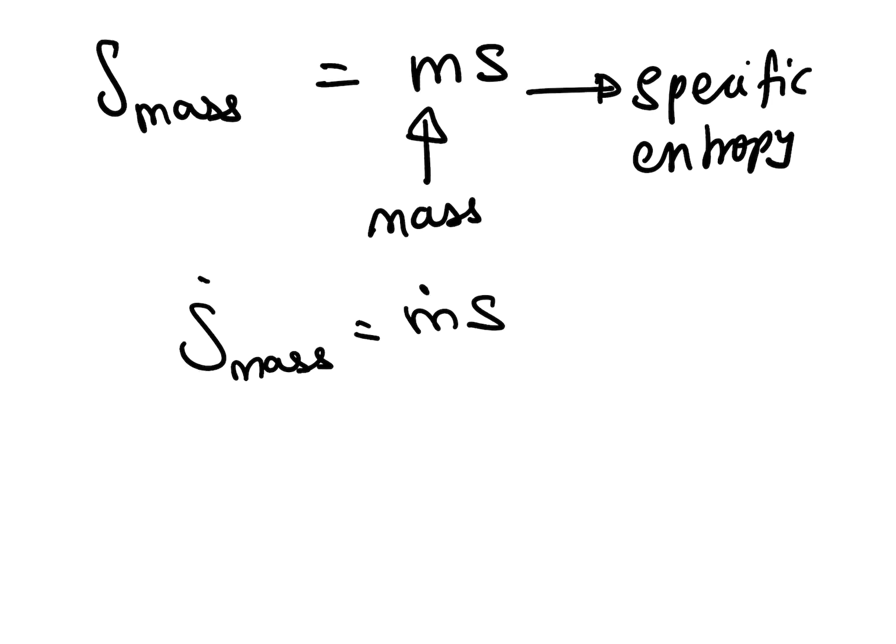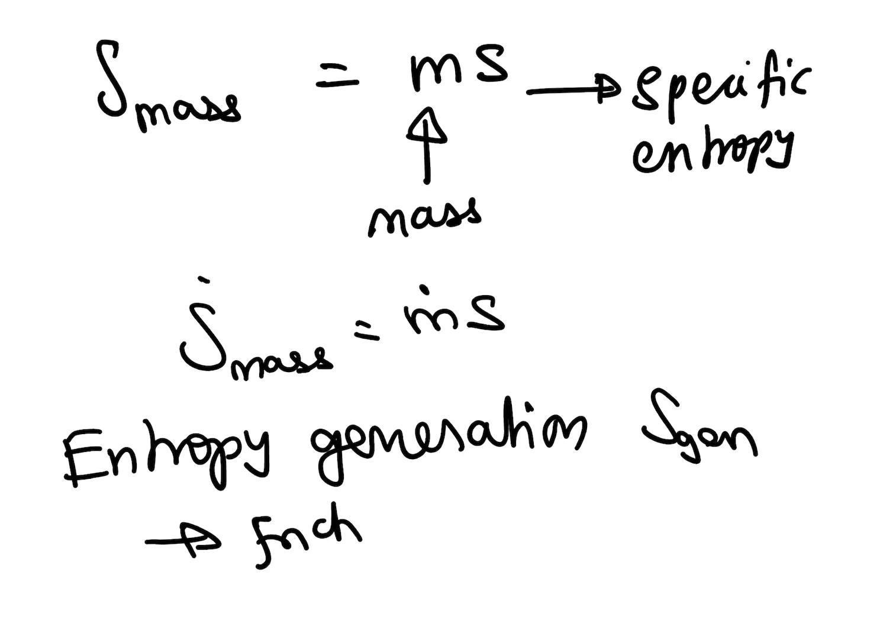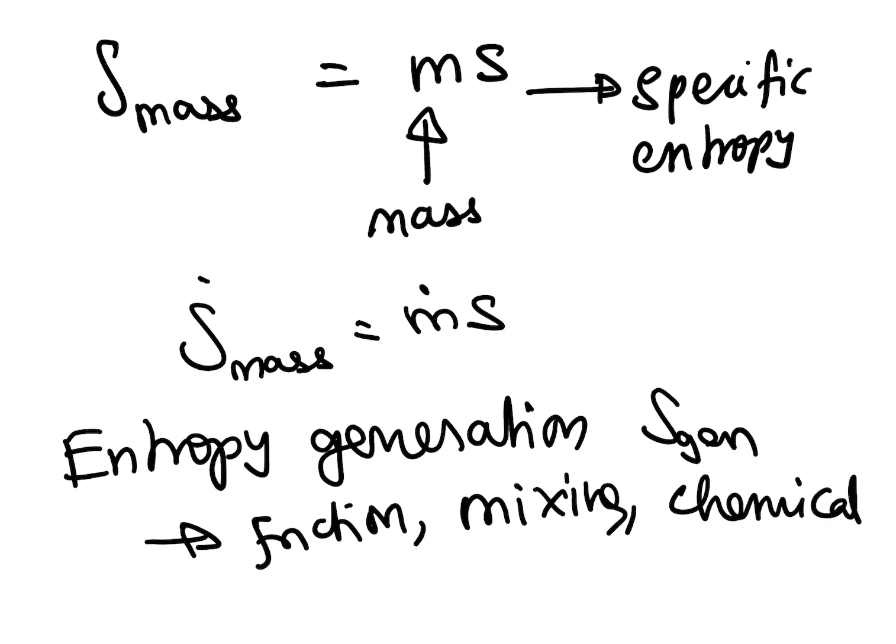And then we have entropy generation, S gen, which is usually related to friction, mixing, chemical reactions, and other types of irreversible processes.